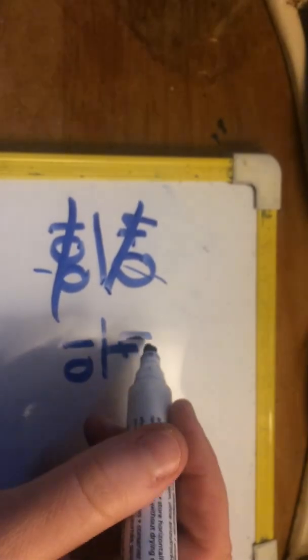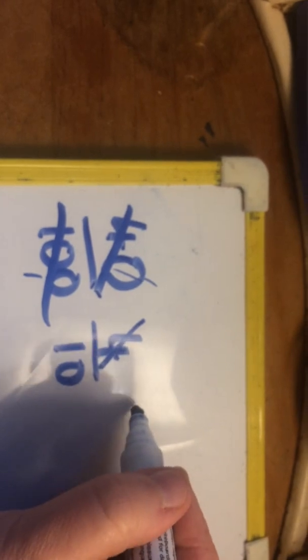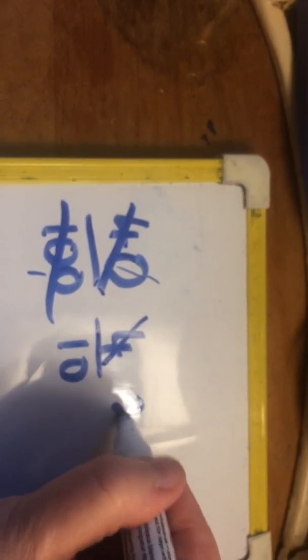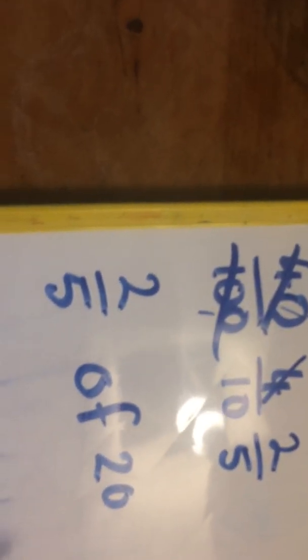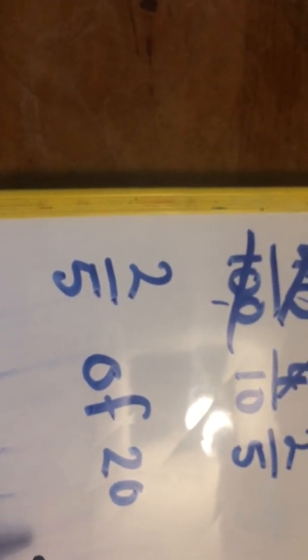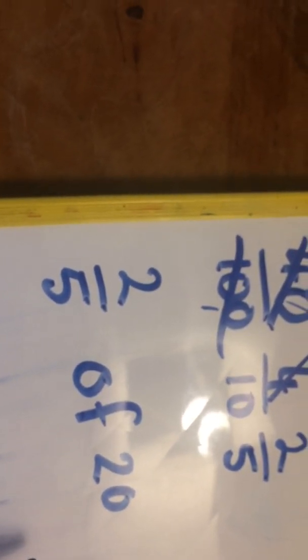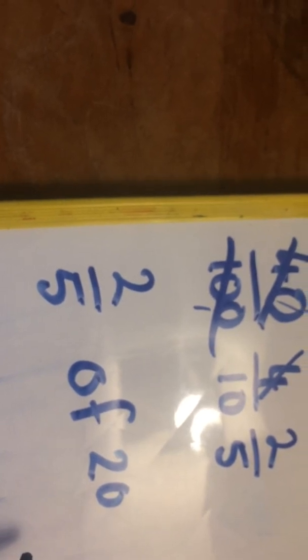So we have 4 over 10, and we can break that down even further. 2 into 4 goes twice, 2 into 10 goes 5 times. So we have 2/5 of 20. So how are we going to find that?